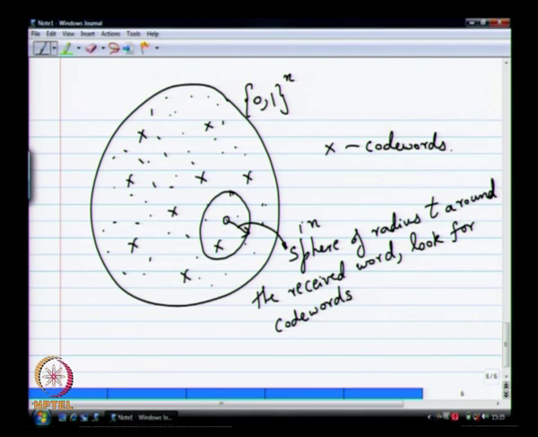That is the idea in bounded distance decoding. If you find a unique code word, then you say I have decoded to that, else anything else happens, you declare a failure. There are two types of failure once again, you may not find anything or you might find more than one. Both can happen with bounded distance decoding.